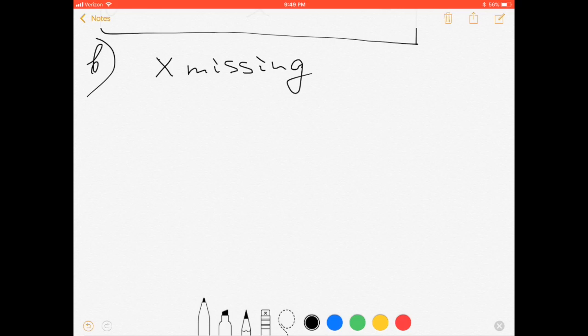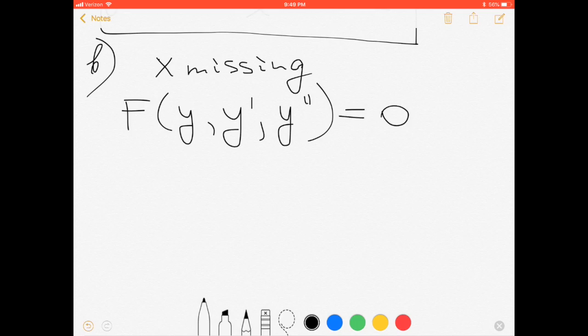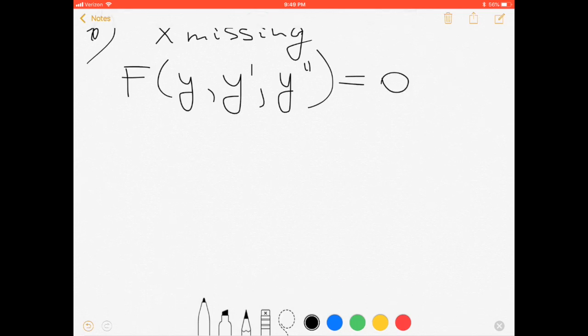Okay, let's go. We have an equation where you don't have the independent variable. This means the equation depends on y, y prime, and the second derivative. Here we pretend our function is p, and it is exactly the first derivative.